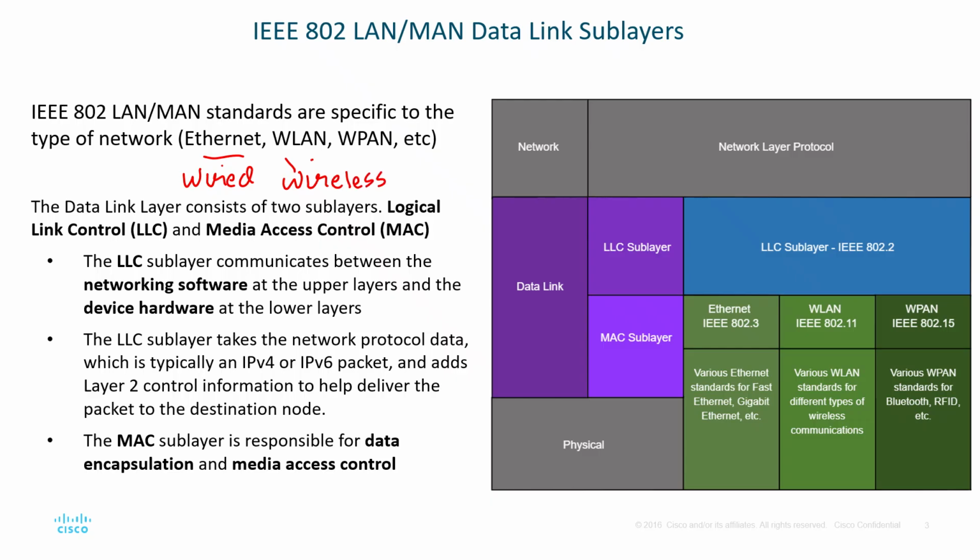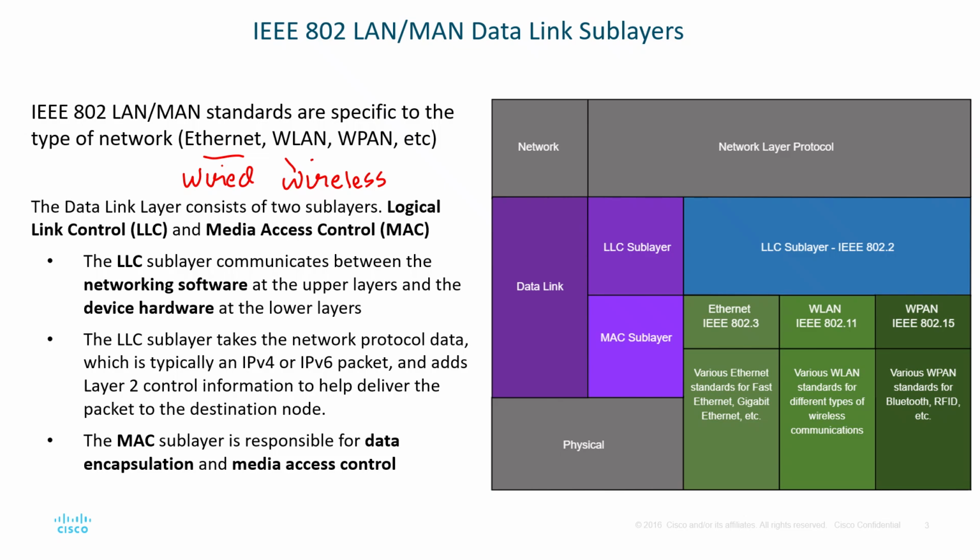Data link layer consists of 2 sublayers. So it consists of the logical link control and the media access control. So when we think about the standard of Ethernet, Ethernet is the standard for local area networking, as well as WLAN and PAN. We're going to concentrate on these two.